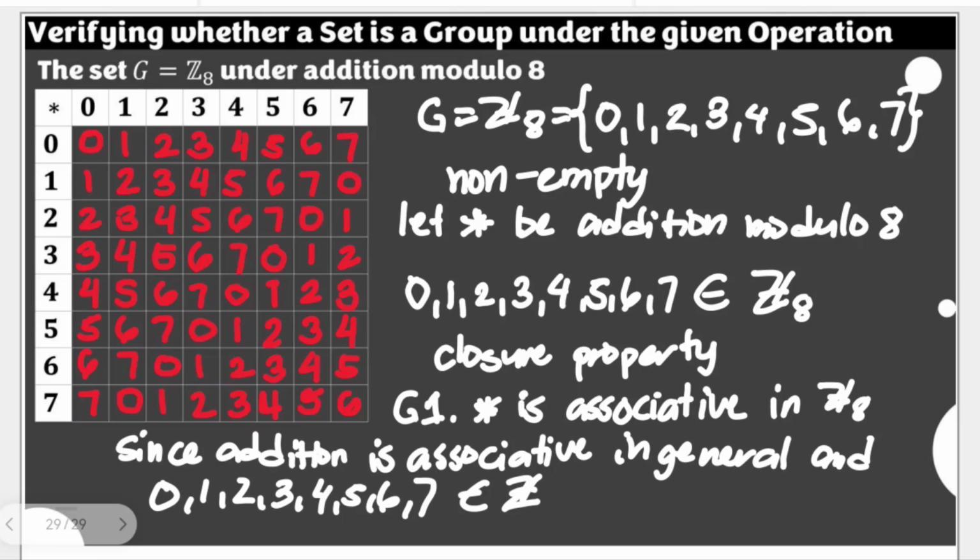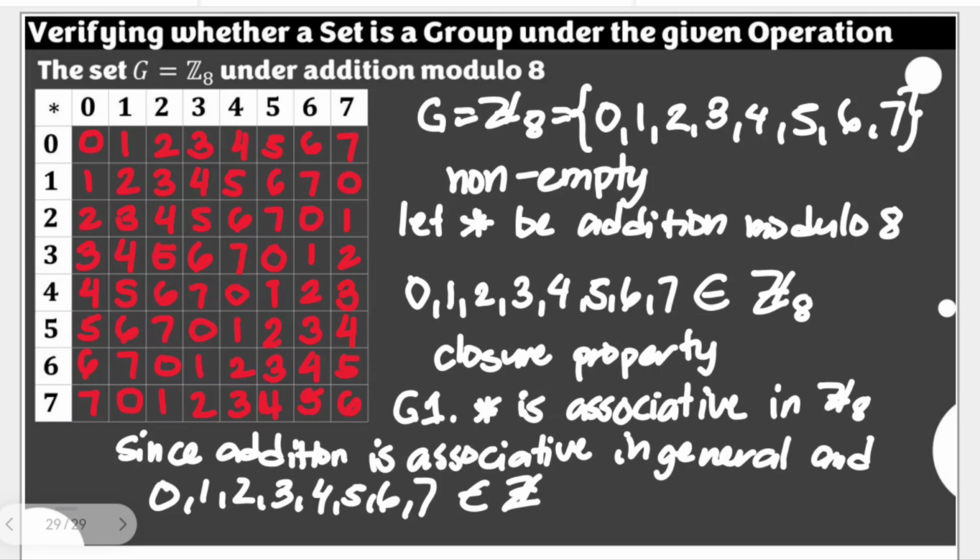And addition is actually already associative in the set of integers. This would mean that 0 to 7 is just a subset of the set of integers. This would mean that this addition is also associative in our Z8.